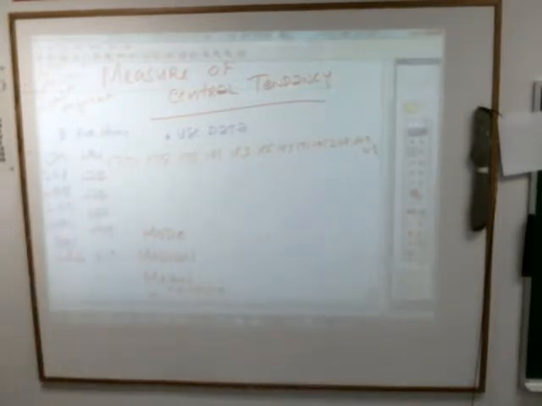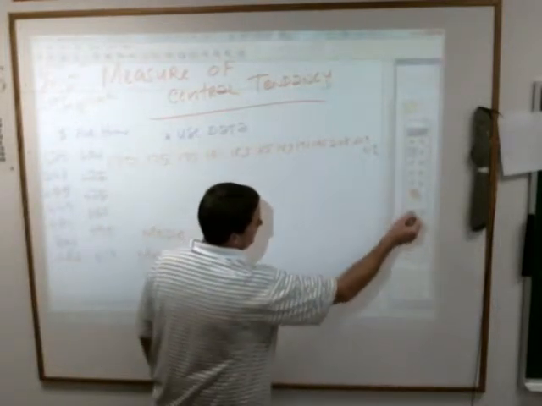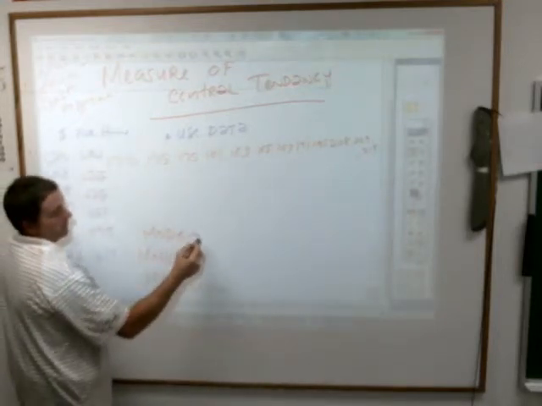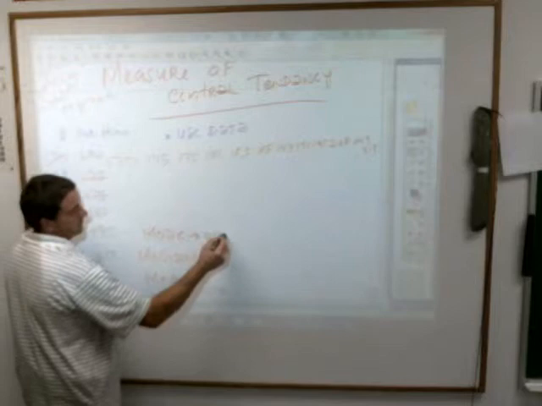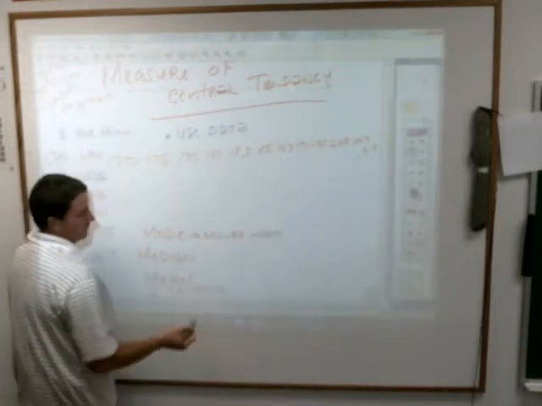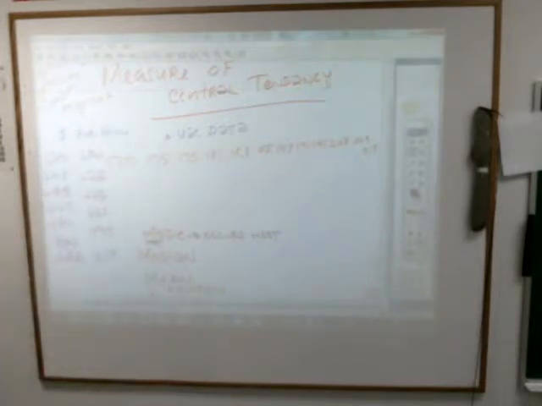That's probably the hardest thing about what we're doing, arranging them from least to greatest. Now, the mode. The mode is the number that occurs the most. I remember that because it starts with MO, most, mode. So you look and see what number happens the most in this list.